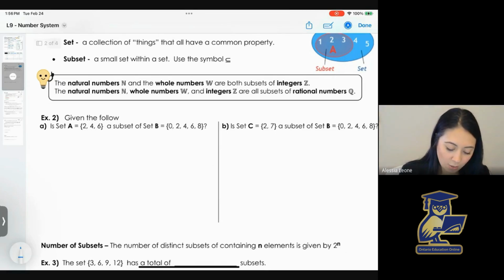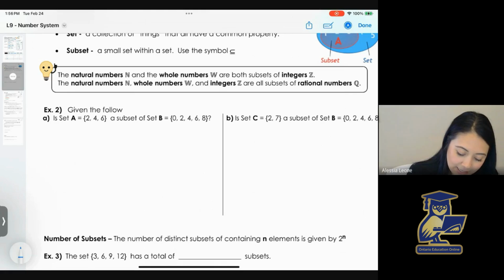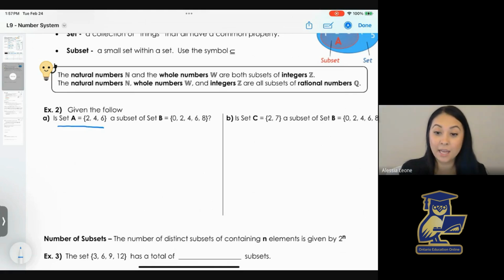1, 2, 3 is a subset of the set 1, 2, 3, 4, 5. In this question, we have two sets here. 2, 4, 6 is the set of numbers. And it's asking, is that set A a subset of this set B, 0, 2, 4, 6, 8? What do you think?